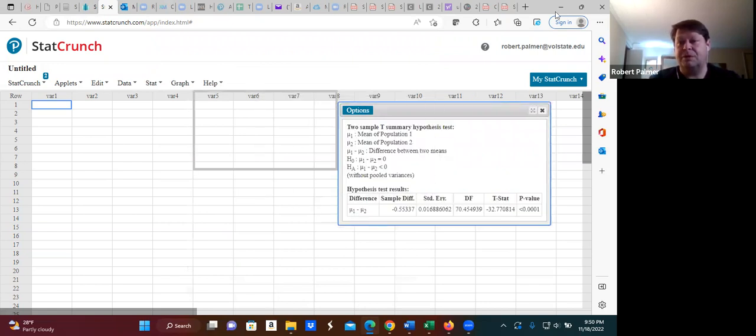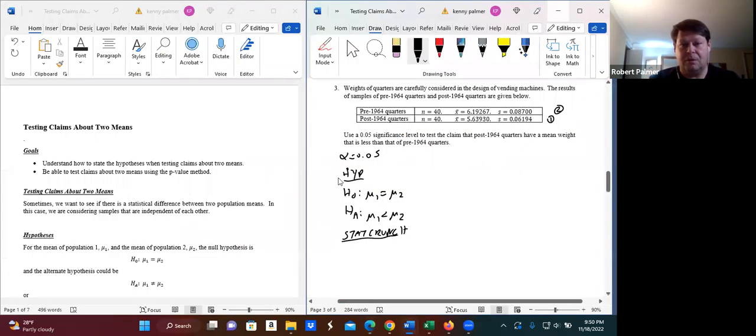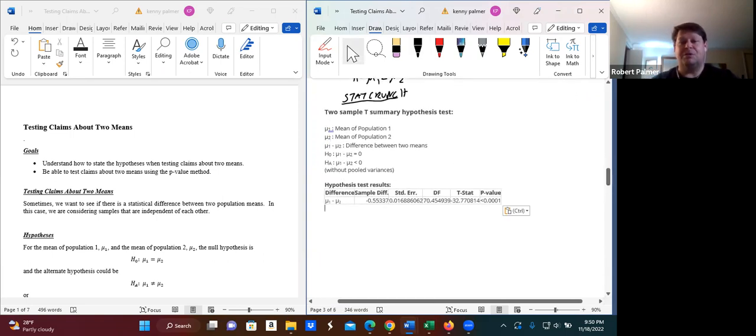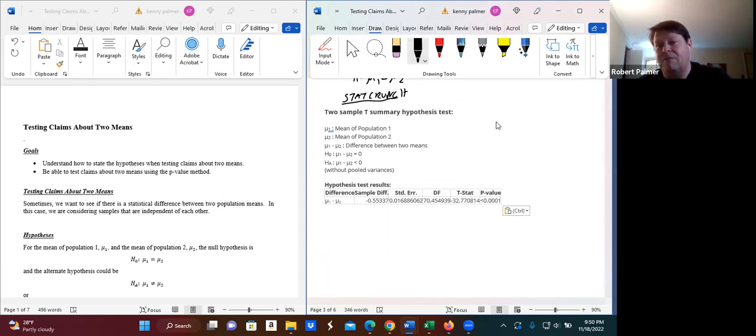So we'll close this. Okay, and then let's collect the data that we need. What we just need are the t-stat and the other value. So the t-statistic is equal to, well, it's really a negative 32.77.